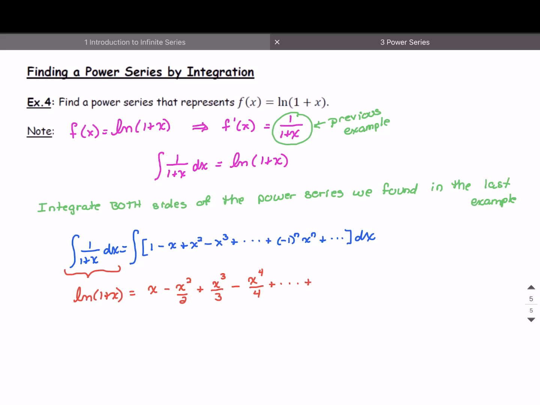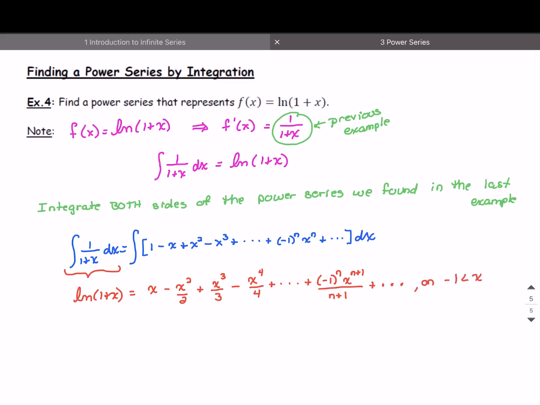Now, negative 1 to the n is a constant, so it stays. The antiderivative of x to the n, we add 1 to the exponent, divide by that new exponent, and this continues on infinitely.